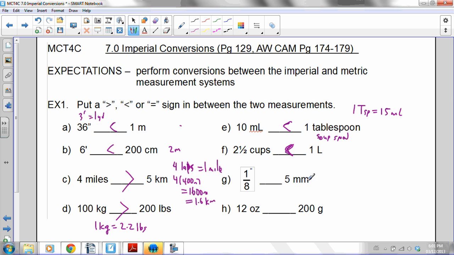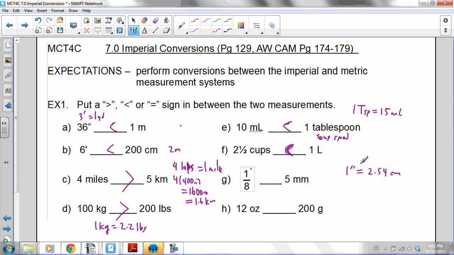1/8 of an inch and 5 millimeters. This is the sort of thing you'd talk about with Mr. Collings if you're in machine shop, right? Both of these are very small measurements. So how are you going to figure that out? Well, 1 inch is about 2.5 centimeters.